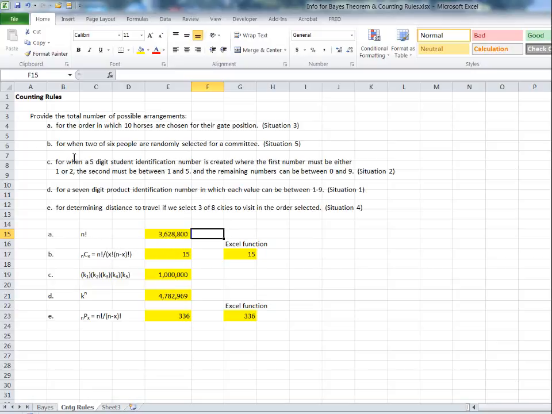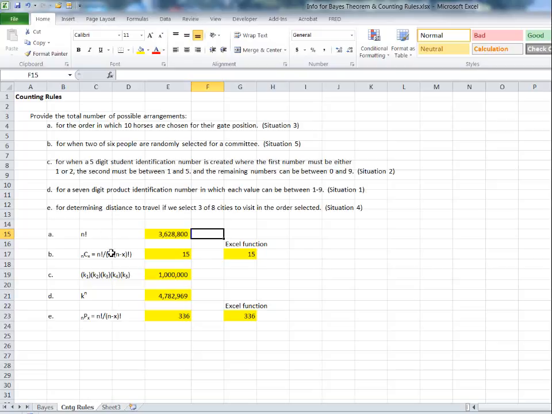So then, how many arrangements are possible when 2 of 6 people are randomly selected for a committee? Now you're dealing with a subset, and in this case, obviously, order doesn't matter. If you're being picked for a committee, it doesn't really matter what order those 2 people are chosen in.